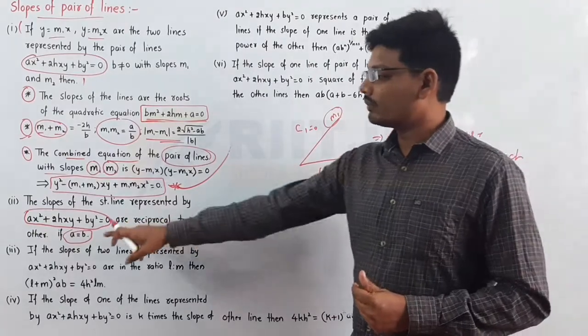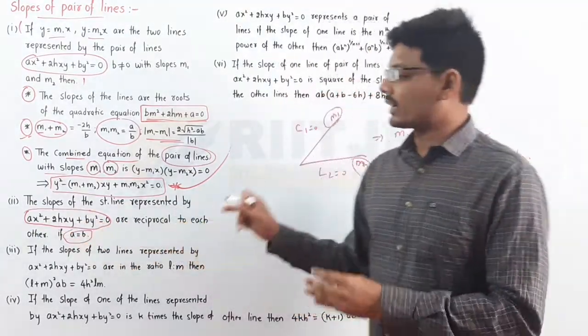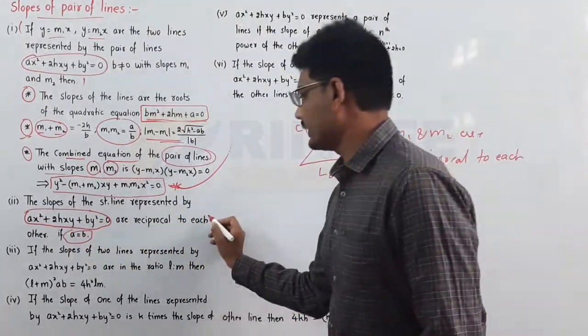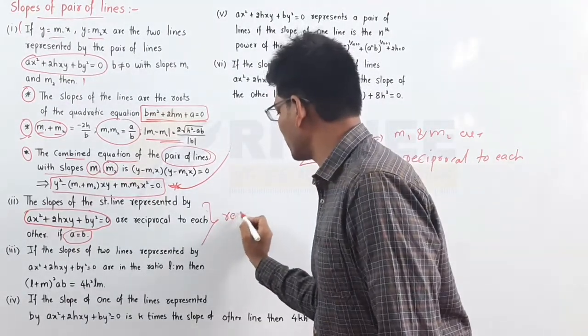The first one, in this one the slopes are reciprocal to each other.